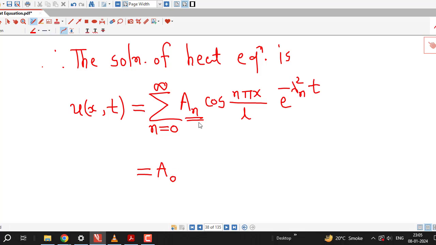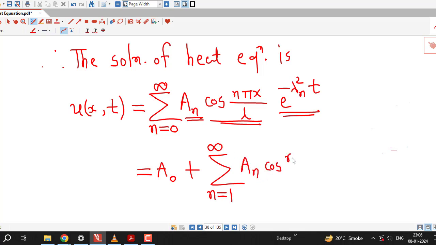So n equal to 0 will give us a0, cosine 0 is 1, and this is e raised to minus lambda 0 square into t, and we know that lambda 0 is 0, therefore this is going to be 1. So we have only a0 corresponding to n equal to 0, and then plus sigma n equal to 1 to infinity an times cosine of n pi x over L e raised to minus lambda n.